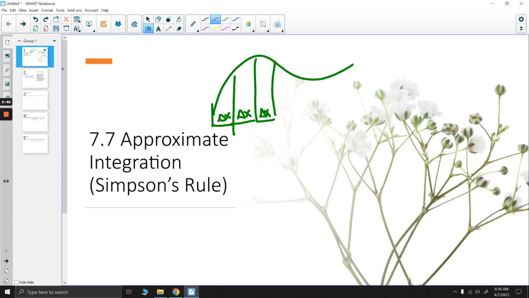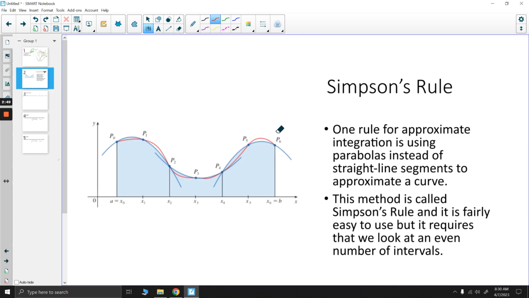Okay, so let's talk about what this does. Basically, instead of using straight lines, Simpson's rule uses parabolas to approximate a curve. So it draws parabolas between these curves to try and approximate the area. The blue is the parabolas that are being drawn, and the red is the original function.